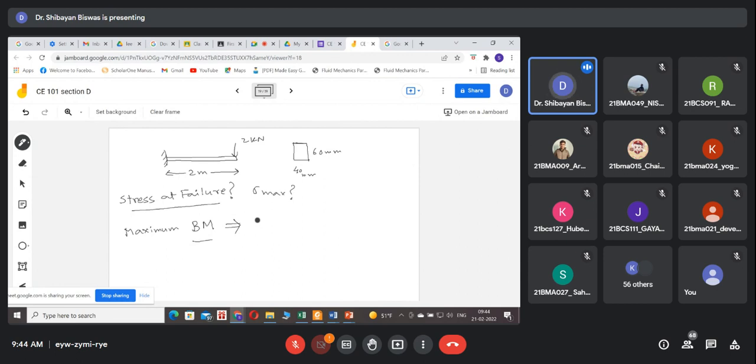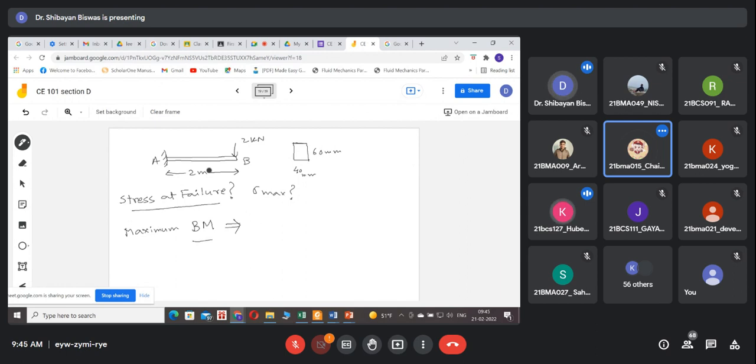Will it be 2000? What is the maximum bending moment happening here? Where will it happen? A or B? Or somewhere between A and B?